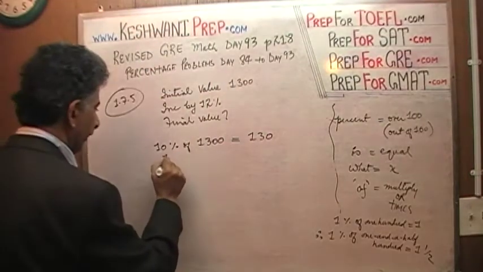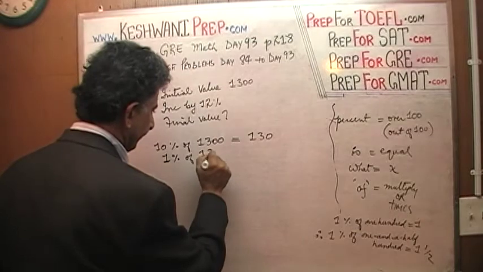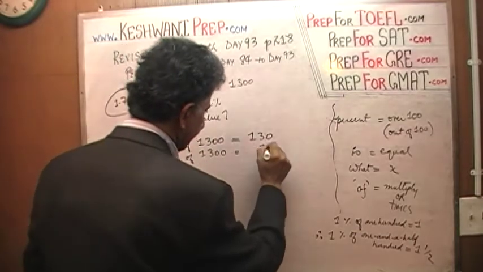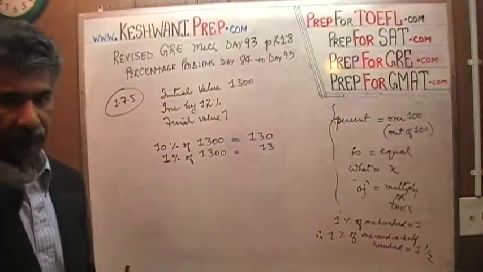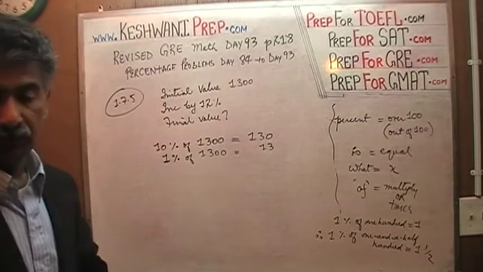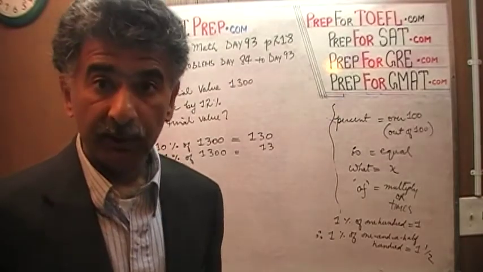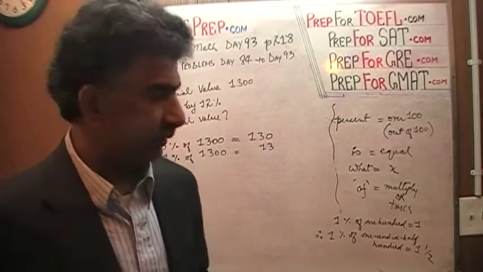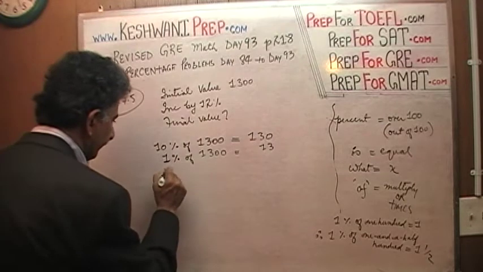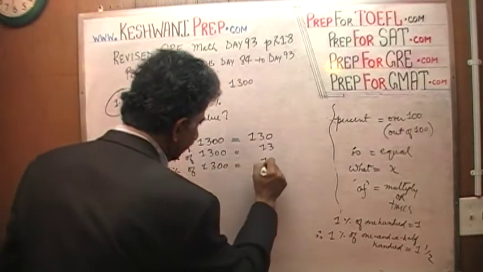We also know that 1% of 1300 is 13. How do we know that? Because 1% of 100 is 1. Therefore, 1% of 1300, there are 13 of them, so it should be 13. Another 1% of 1300 would be another 13.